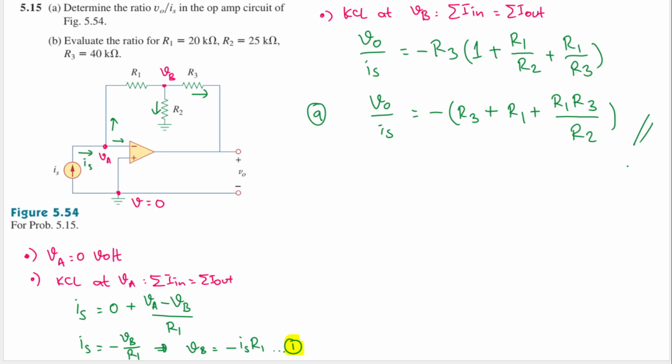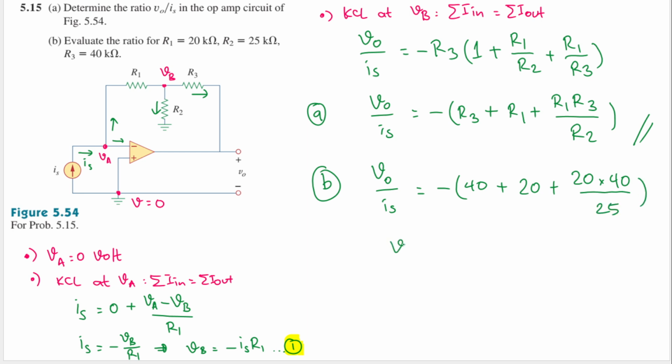Okay, that is good. So now for problem B, we can just plug in R1, R2, and R3. So for problem B, V0 over IS is minus R3, where R3 is 40, and then R1 is 20, plus R1 is 20, R3 is 40, R2 is 25.